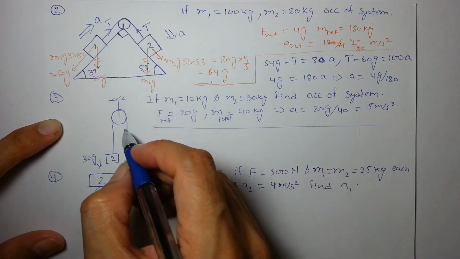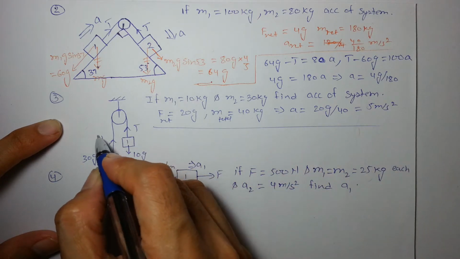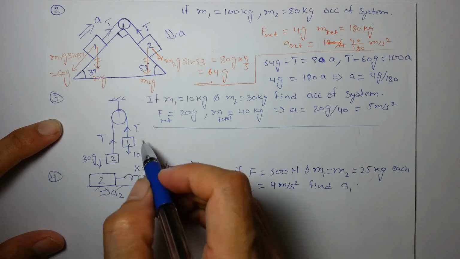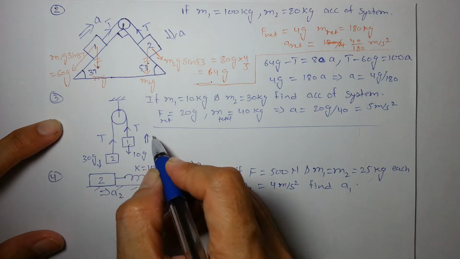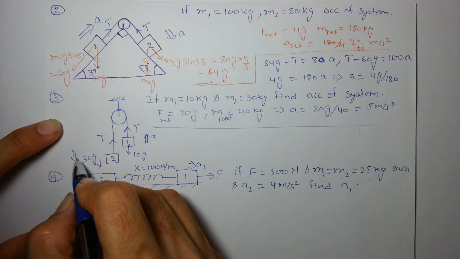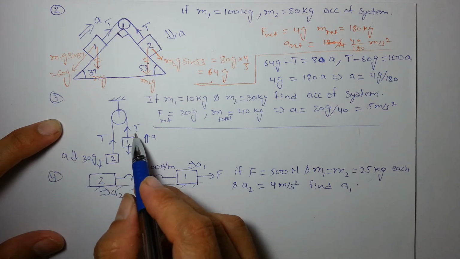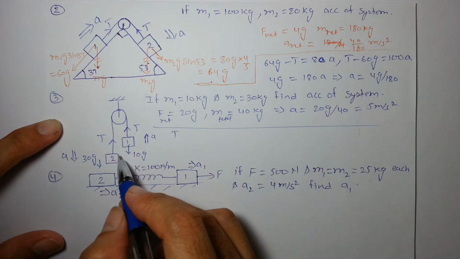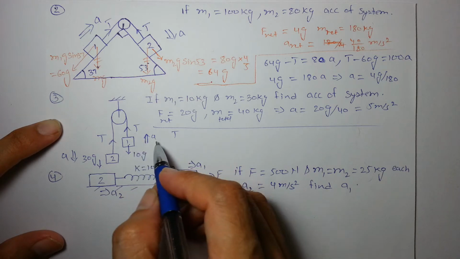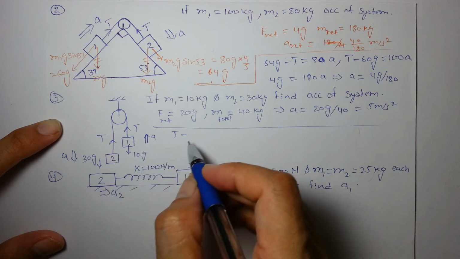Otherwise I can also solve by forming the equations. Let for 1, the acceleration, if I assume in upward direction, and 30 kg will move in downward direction, so T is greater than this for this FBD, as it is accelerating upward, so upward forces will win.